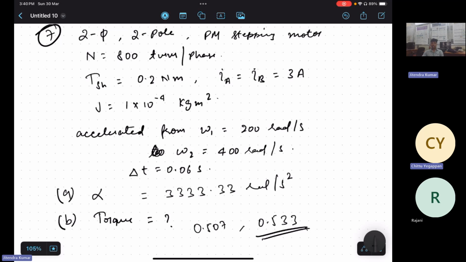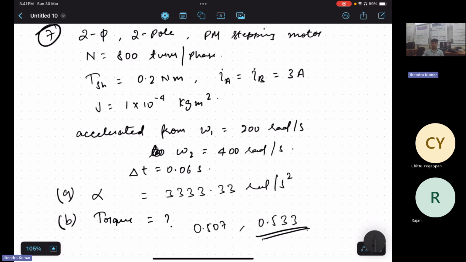Yes, sir, I got the answer 2.3925 Newton meter, but that answer is wrong, sir. In my case also the same thing happened. I gave 2.39 and they gave a range of 3.2 to 4.